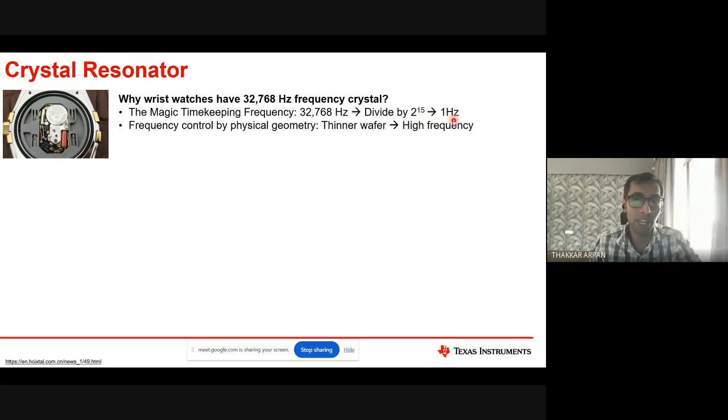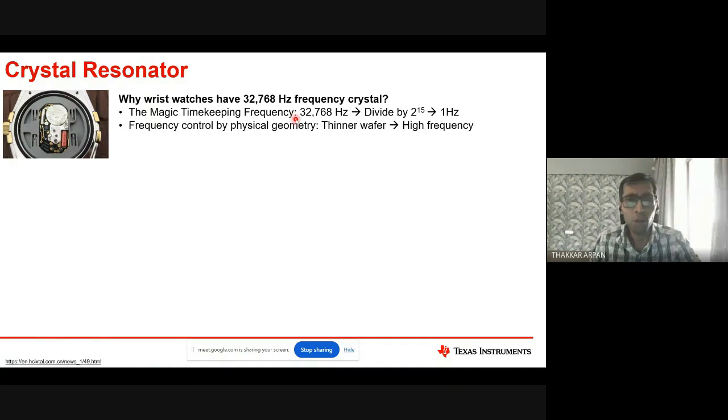With that 1 second, the wristwatch will have its 1 second ticking. That becomes extremely easy. We did not have many monolithic integrated circuits at that time, so they used to put a divide by 2 raised to 15 circuit on the board, and then achieve this 1 second. That's the reason they have this frequency crystal.